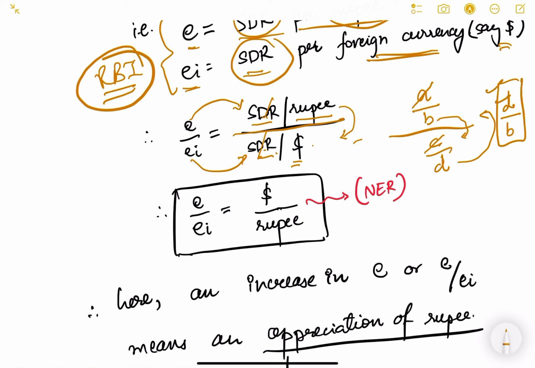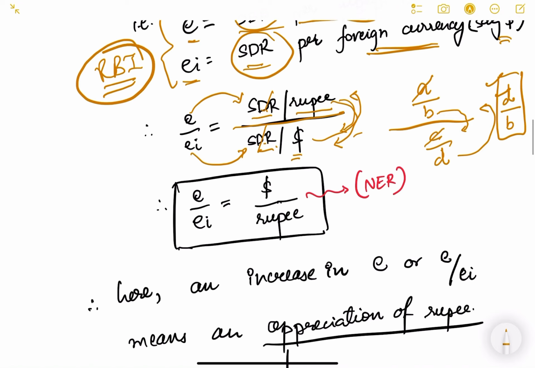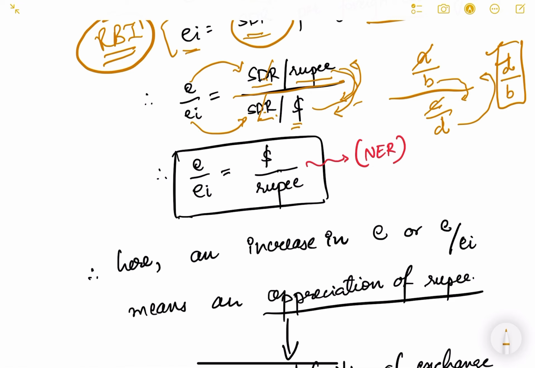So basically here dollar will go in the numerator, rupee will come in the denominator. This is simple class 6th mathematics. It is not very difficult. Therefore, look at this: what then becomes the definition of nominal exchange rate? Our nominal exchange rate E upon EI is equal to dollar per rupee. This is the reverse definition. Until now, we have seen nominal exchange rate as rupees per dollar.